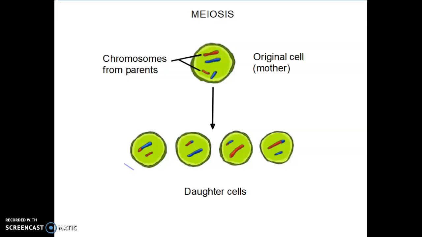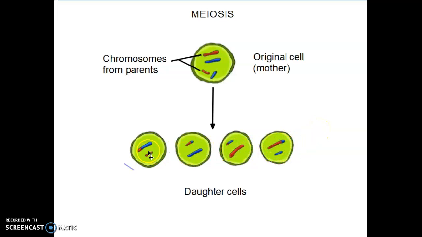It really doesn't matter which way you want to pronounce it. And I want you to see if you can notice some immediate differences here. So here's the original cell. Here are the daughter cells. Some things should hit you immediately. First of all, there are 4 cells instead of 2. And if you look on the inside of the cell, the chromosome number is half.